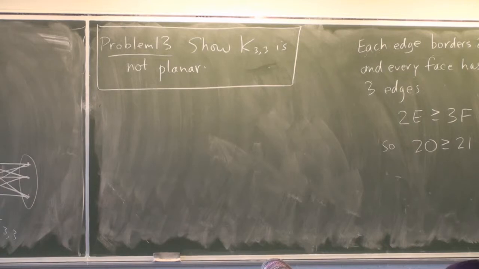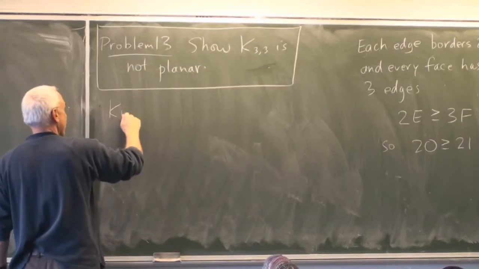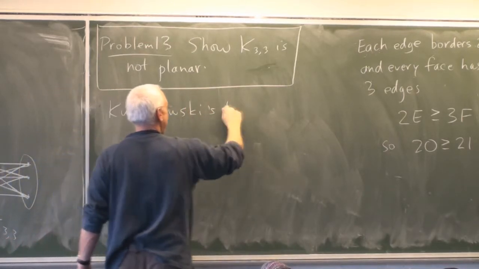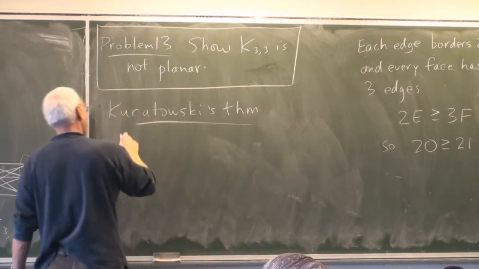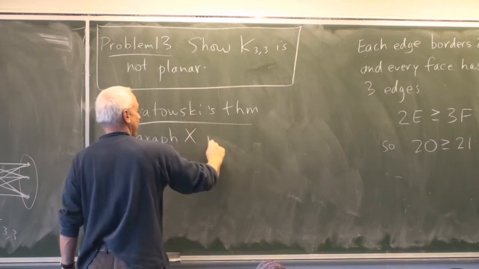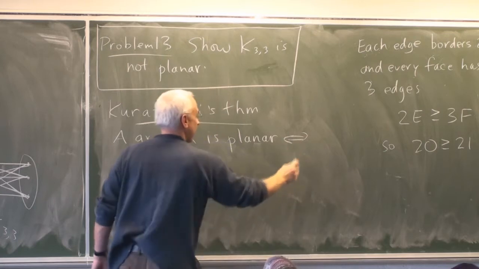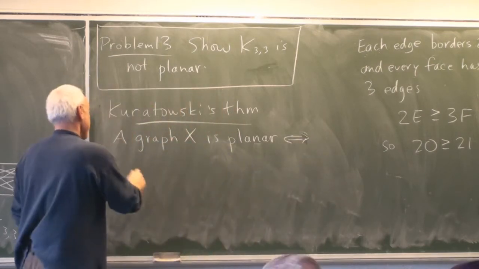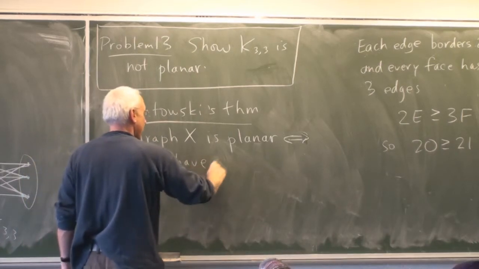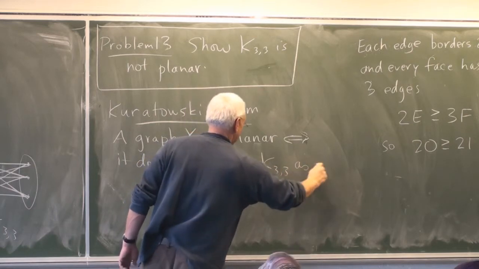The importance of these two particular examples is due to a famous theorem called Kuratowski's theorem, which says that a graph X is planar precisely when it does not have K5 or K33 as a subgraph.